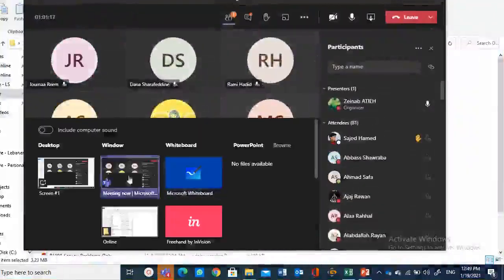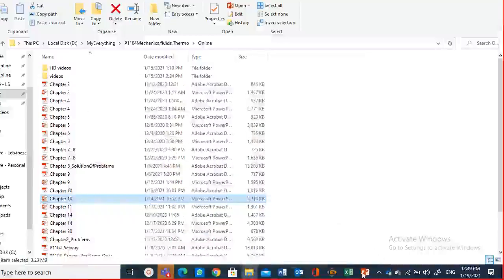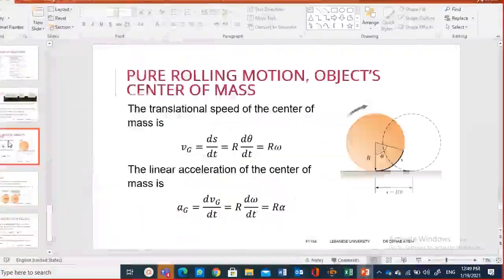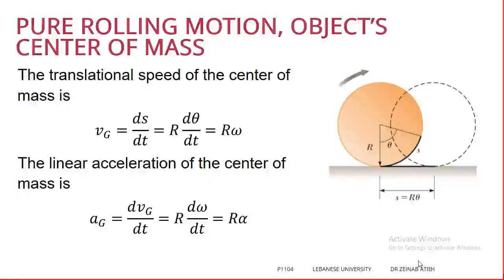I will share again. يلا. اوكي. I've reshared my screen. راحت الصورة رقص شوي. اوكي I know.